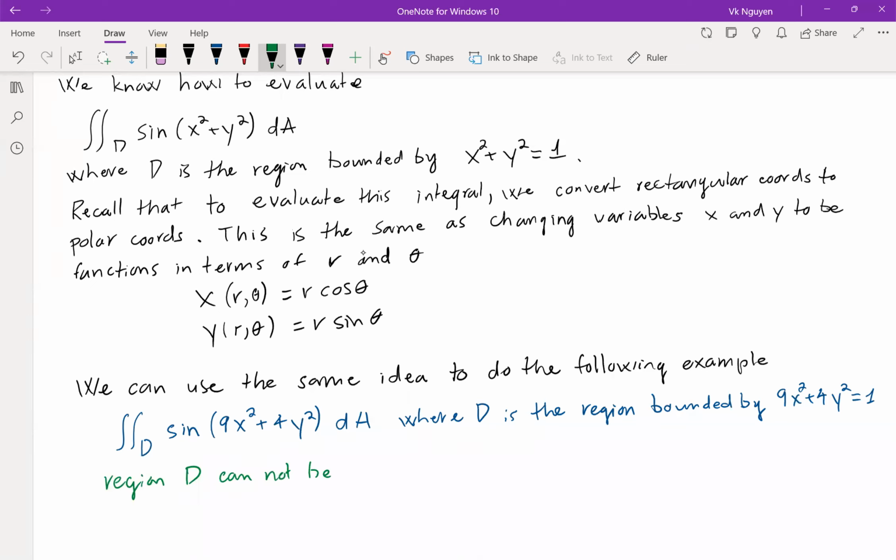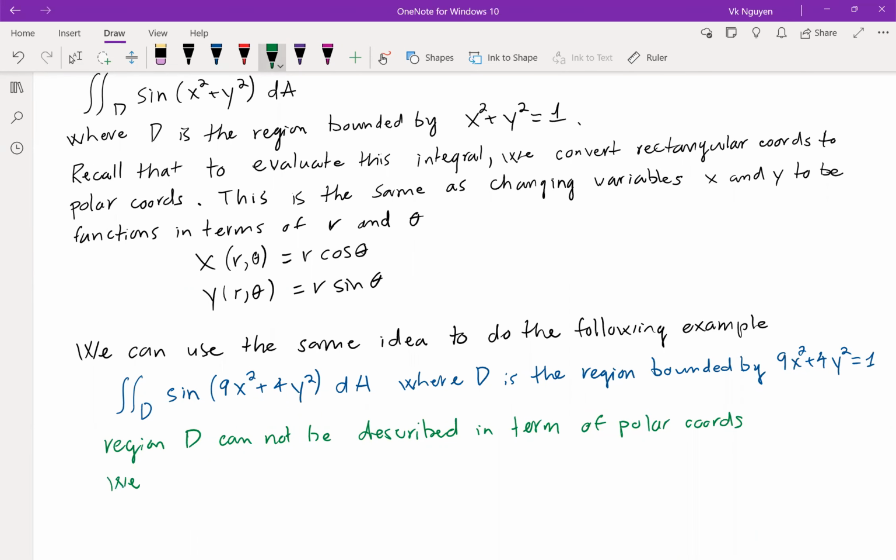It cannot be described in terms of polar coordinates. We must find a way to convert region D into a region S so that the integral is manageable.